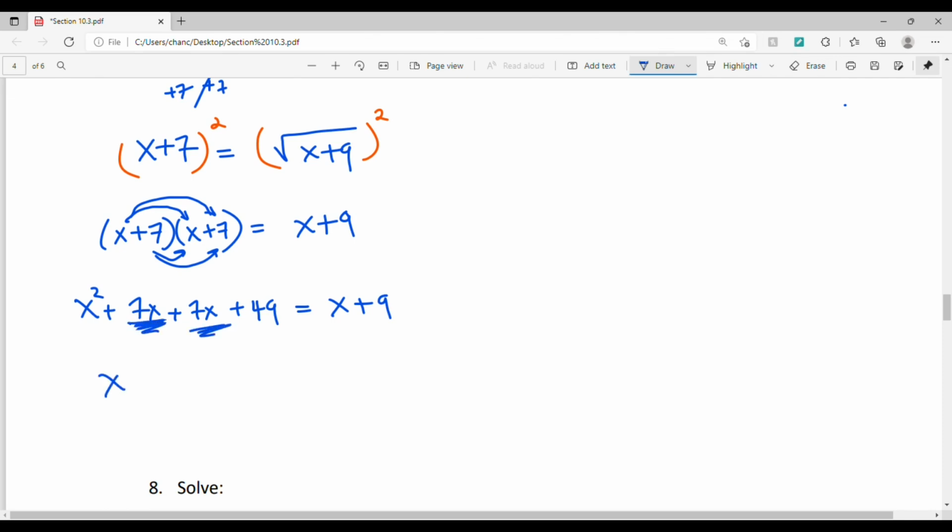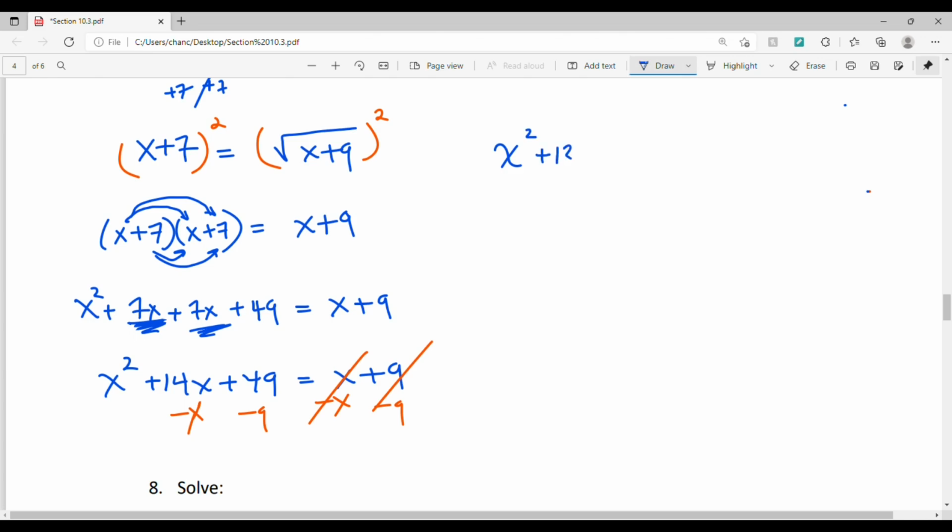So this simplifies as x squared plus 14x plus 49 equals x plus 9. We'll subtract x from both sides, and we'll also subtract 9 from both sides so we can set it equal to 0. And so this gives me x squared plus 13x plus 40 equals 0.